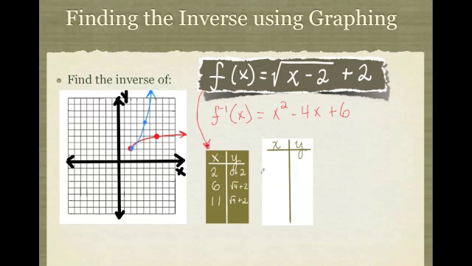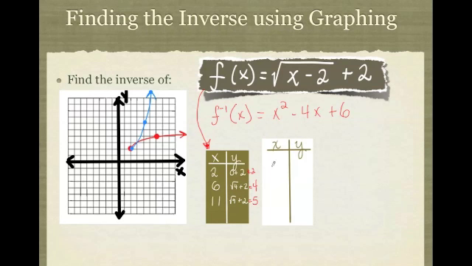If I put 2 in, I get 0 plus 2, which is 2. If I put 6 in that function, I get 6 minus 2 under the square root, which is 4. The square root of 4 is 2. 2 plus 2 is 4. And if I put 11 in, 11 minus 2 is 9. The square root of 9 is 3, so that equals 5.